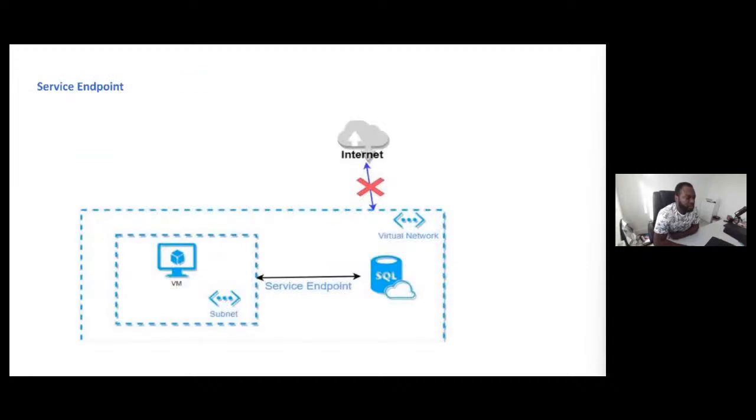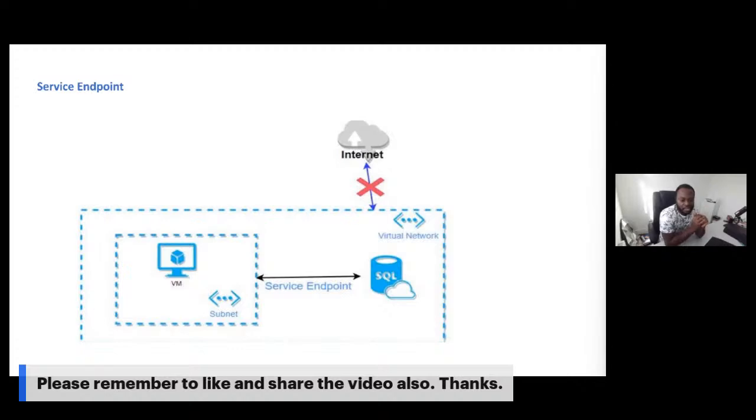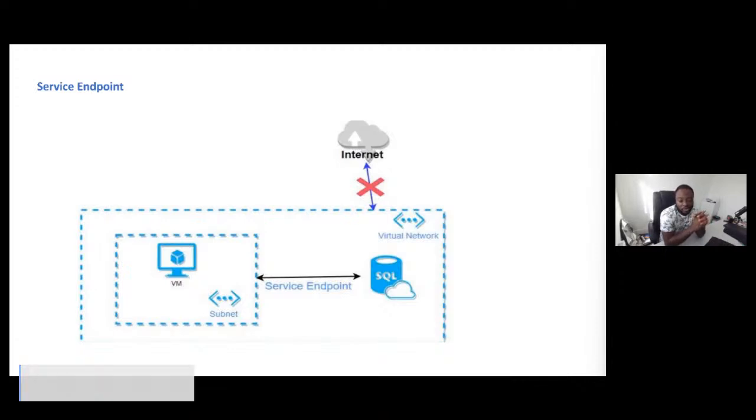All right. Let's look at service endpoint. With service endpoint, just consider this: your virtual network service endpoint provides secure and direct connectivity to your Azure service over an optimal route, which is what? The Microsoft backbone.